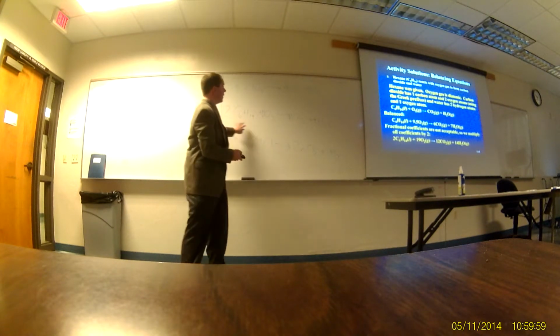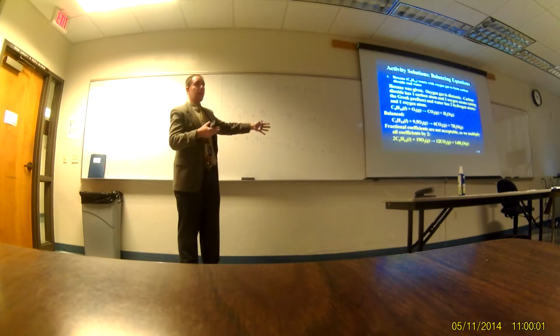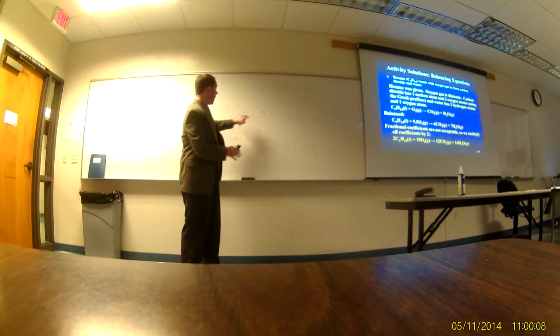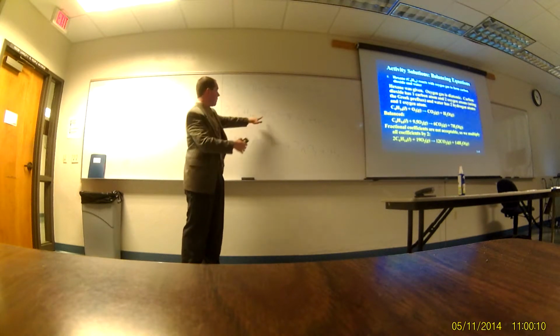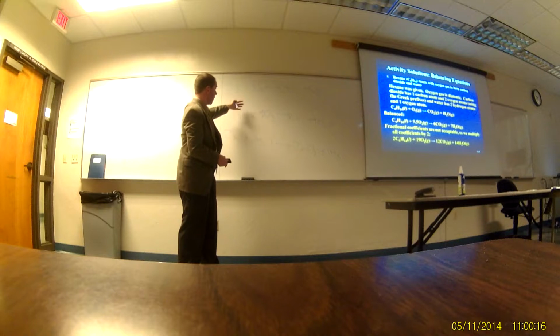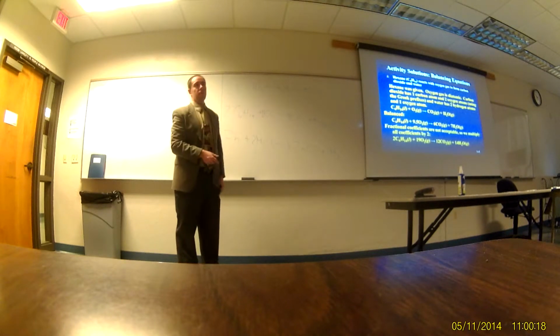When they were doing this, they balanced it by putting half of a number here, and then said, okay, it's now balanced, but I have 9.5, which I have to multiply by 2 to get to a whole number. And so they multiplied everything by 2 to get to where we got.